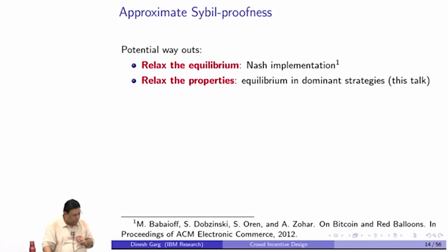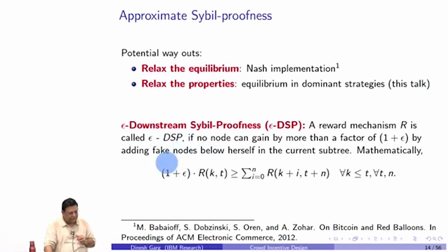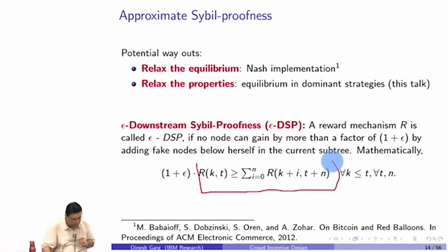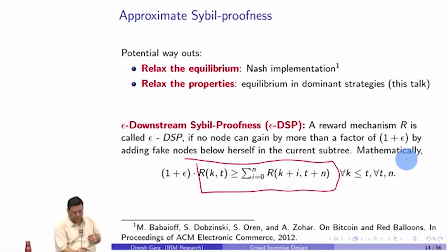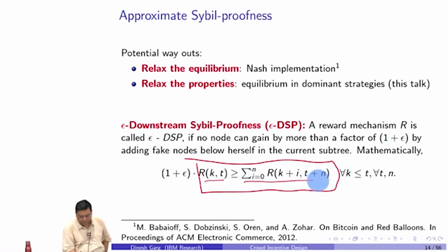So we define this notion called epsilon downward Sybil proofness. What is epsilon downward Sybil proofness? Look at this equation from here till here, right. This part we had seen in the definition of Sybil proofness, am I right? In this equation, the left hand side is the reward obtained after creating the Sybils, and the right hand side is the reward without Sybils. Earlier we just wanted this inequality to hold.